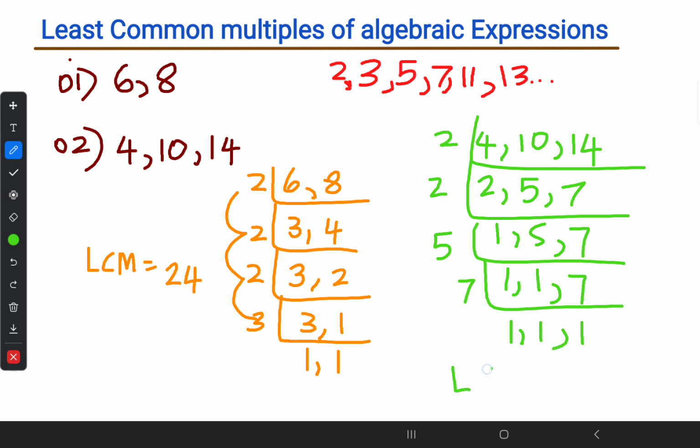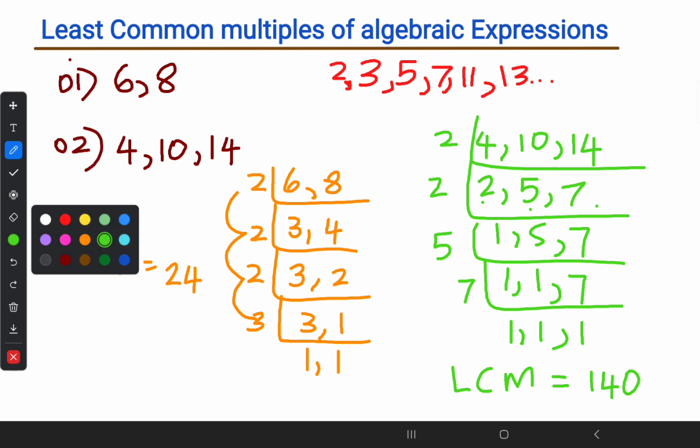So the LCM for these three numbers is 2 times 2, 4. 4 times 5 is 20. 20 times 7 is 140. Here you have to use the number 2 twice, then move to 5 and 7. Finally the answer would be 140.